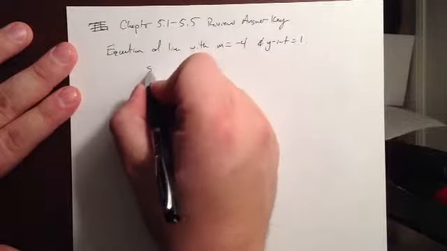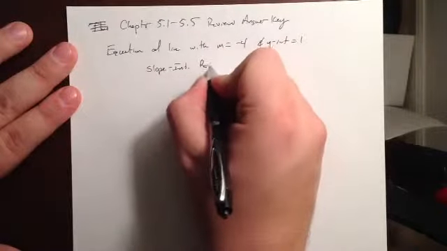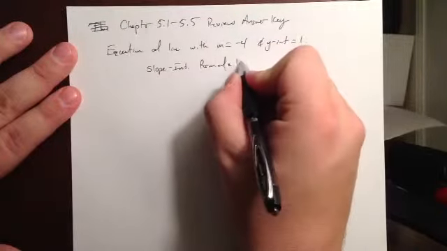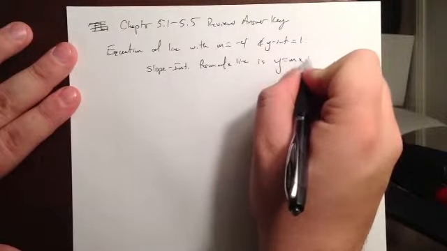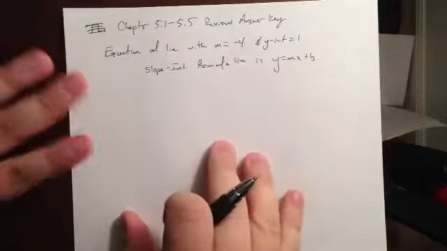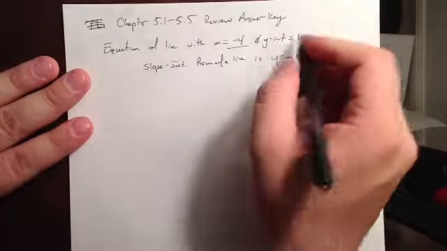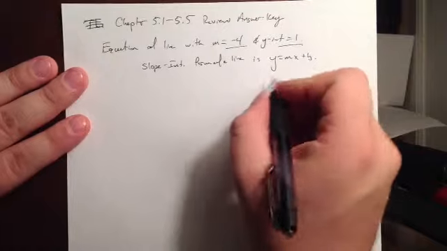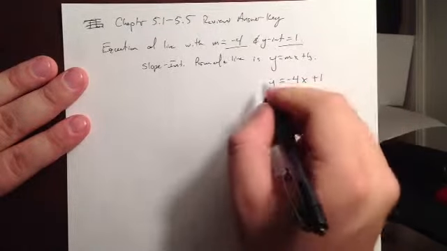Recall that the slope-intercept form of a line is y equals mx plus b. So the line that has a slope of -4 and y-intercept of 1, its equation would be y equals -4x plus 1.